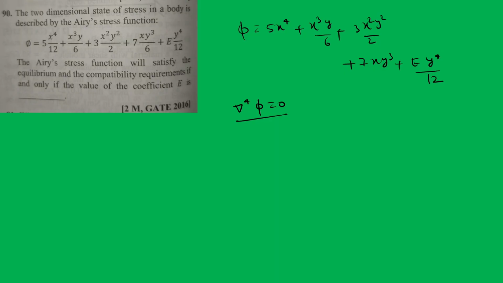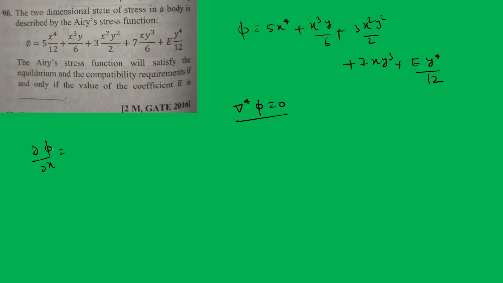So let us differentiate this particular thing. First, del phi by del x. Let us not differentiate like that. Let us just see.